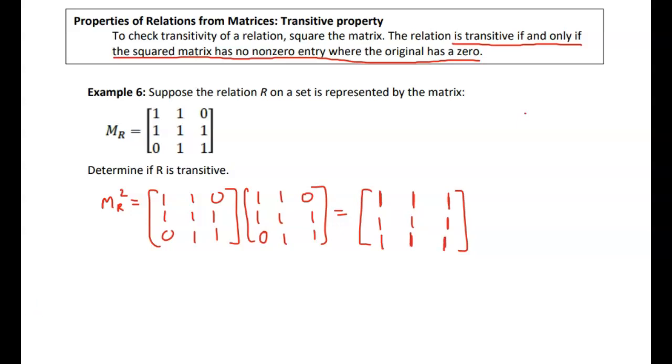Alright, so we look at the squared matrix. We check to see there's a 0 in this place and this place. But in the squared matrix, these are non-zero entries. So this breaks the condition for transitivity. So this is not transitive.